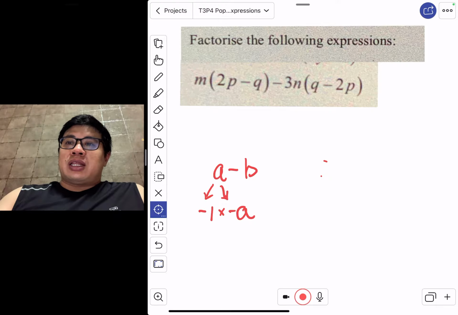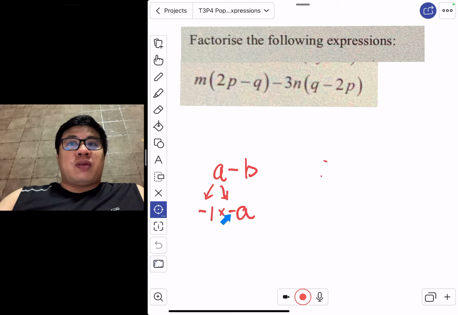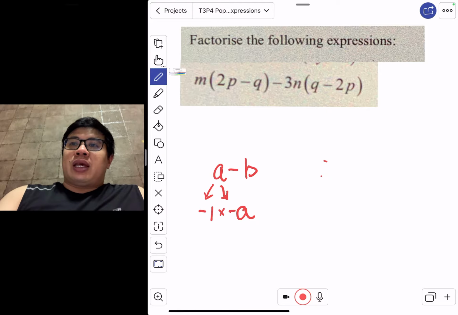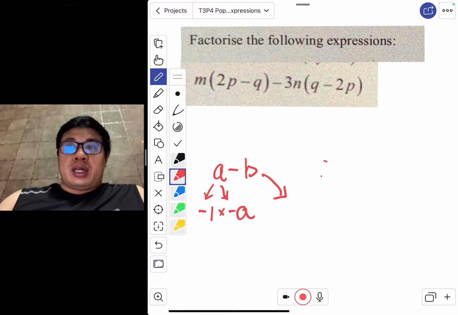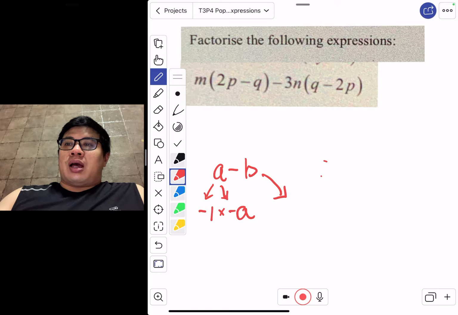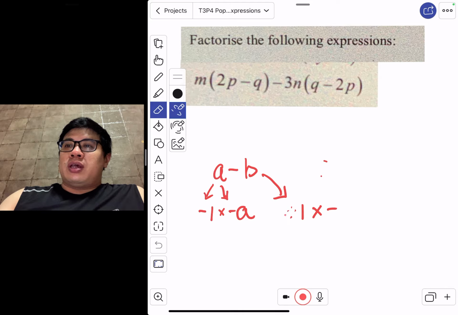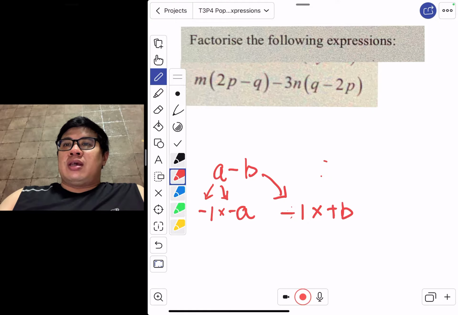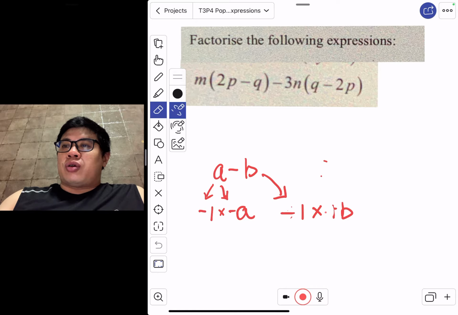Negative 1 times negative a. And b, on the other hand, can also be written as negative 1 multiplied by negative b. Since it's positive, I'm just not going to write anything there.